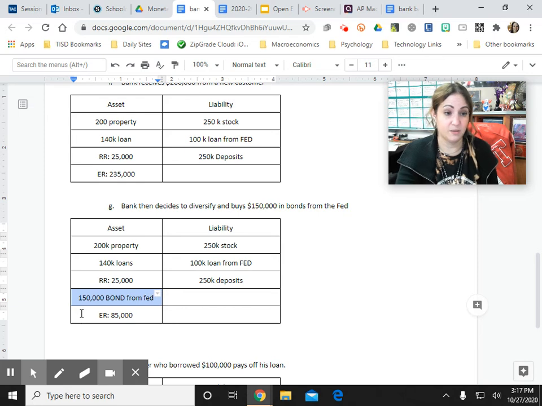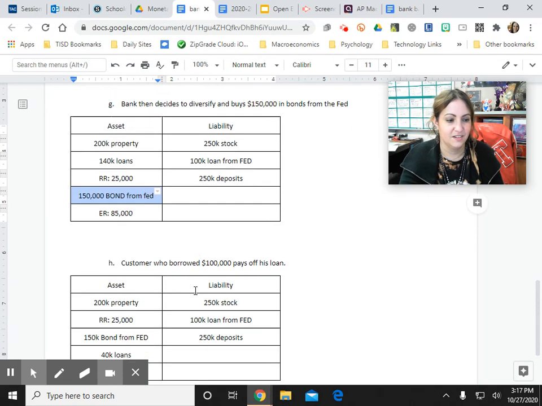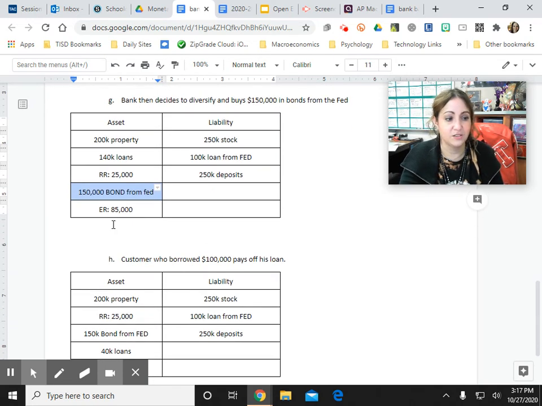It's a way to make money, something that you own. And where did they get that $150,000 to pay for it? From excess reserves. So $150,000 is taken away from excess and put into a new category now of bonds. It's not excess reserves anymore. It's a $150,000 bond. And excess reserves goes down to 85.